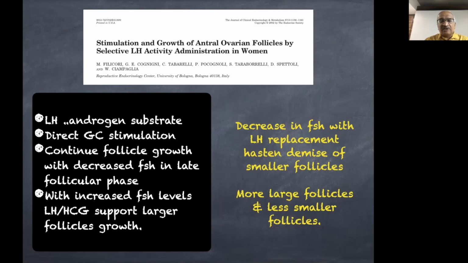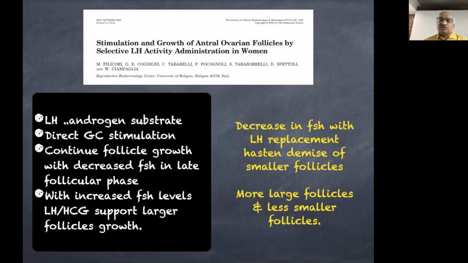With increased FSH levels, LH and HCG support later on, and larger follicle growth will be there. But if the initial FSH itself has not given adequate growth in the follicle, replacing it with HCG later may not do well. So you need to have good growth initially, then only can HCG act better.